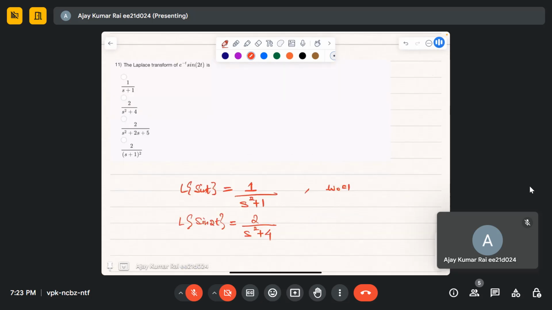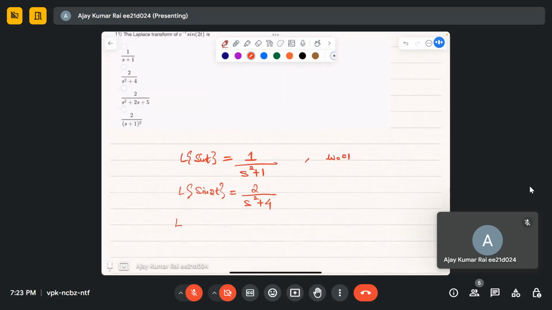And e to the minus t, if I put sin 2t, this will be 2 by (s plus 1) square, like e to the minus at, where a is equal to 1. So that's why (s plus 1) square plus 4.